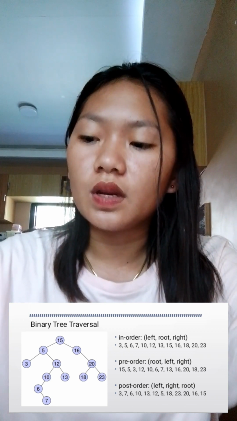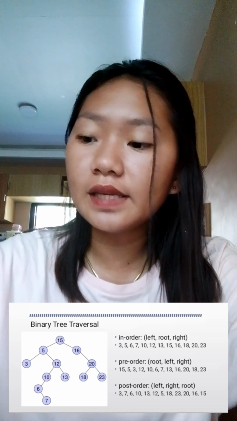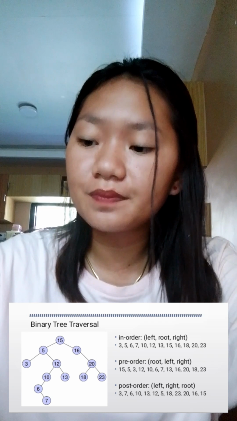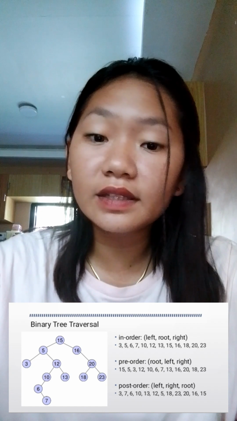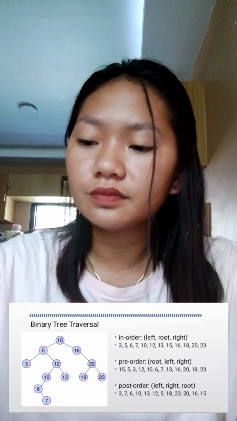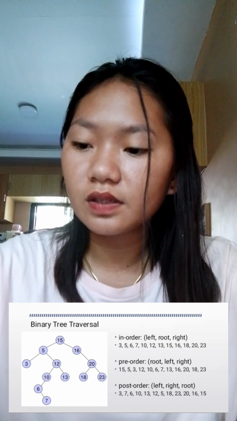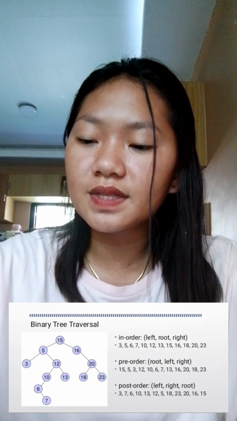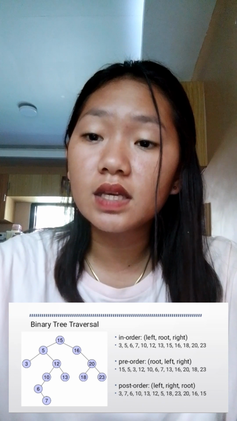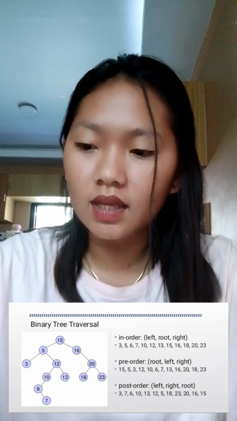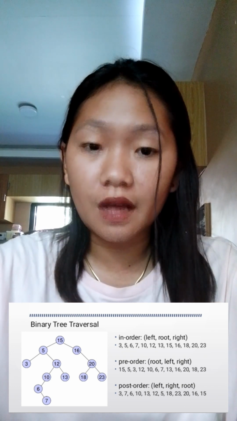In-order: left, root, and right. So we have 3, next is 5, 6, 7, 10, 12, 13, then 15, go to the right side, 16, 18, 20, and 23. In pre-order, we have root, left, and right.